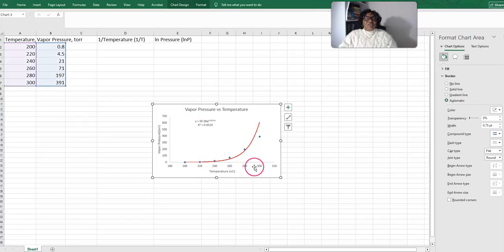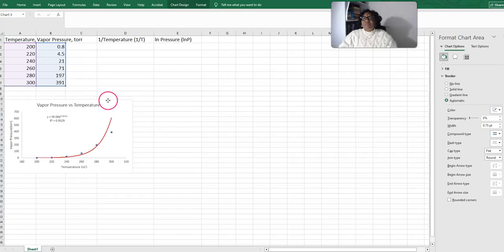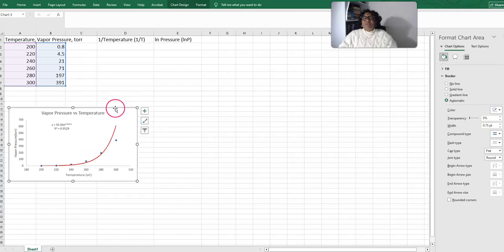But with this, we cannot have any good information from this graph. That's why we want the linear form of the graph, because all we are searching for is the heat of vaporization. So for the linear form, we have to plot 1 over temperature versus ln P. So now let's calculate it.